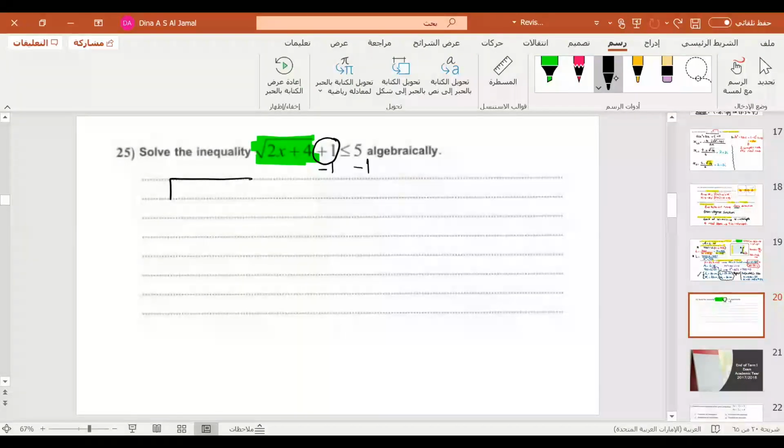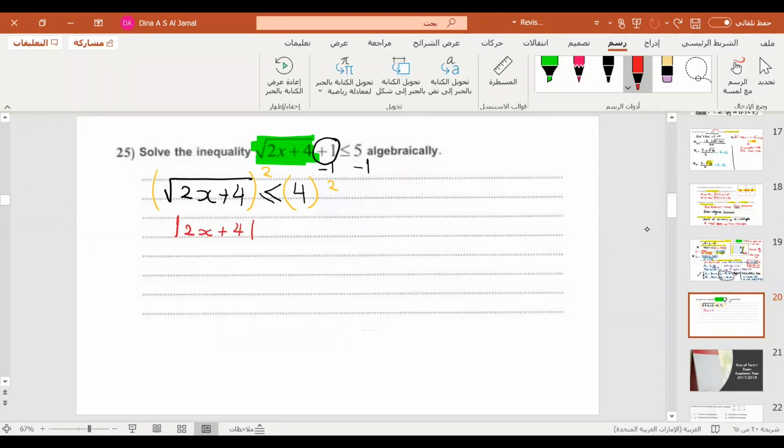So it will be 2x plus 4 less than or equal 4. Then to get rid of the square root, take the square of both sides. And your answer here will be including absolute value of 2x plus 4 less than or equal 16.